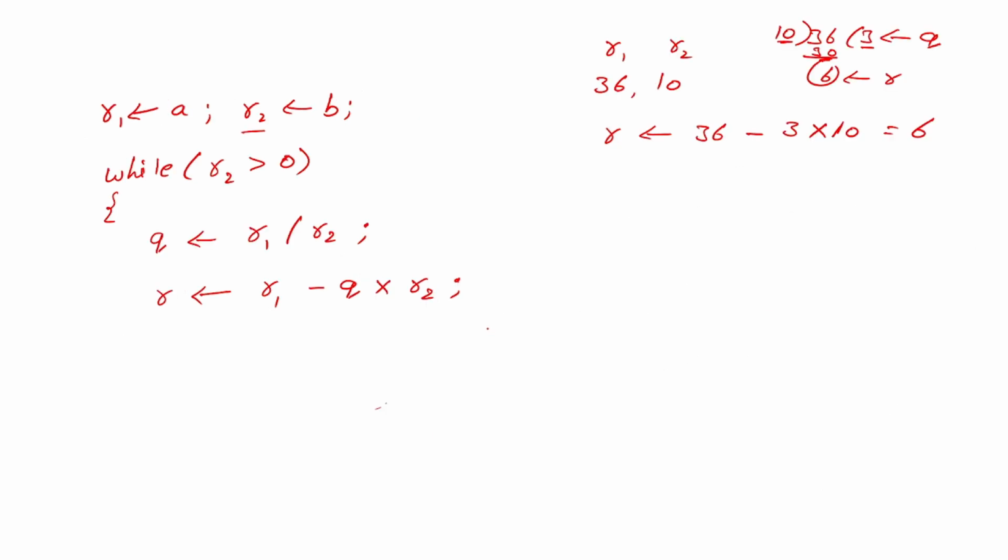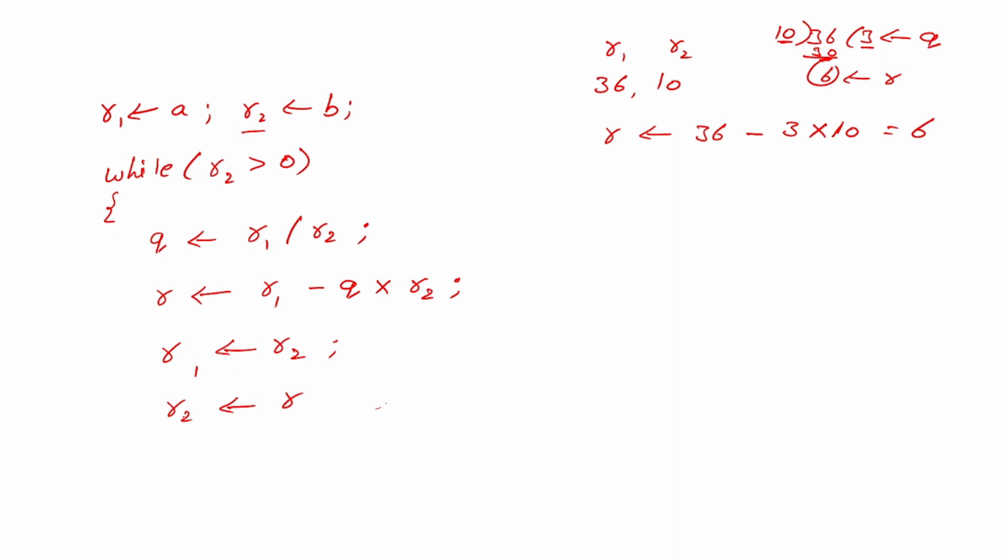So you need to follow this process. That means R1 is equal to R2, and at the same time R2 is equal to R. So the second value will become the first value and the remainder will become the second value.